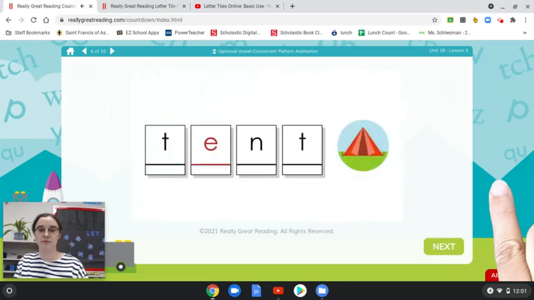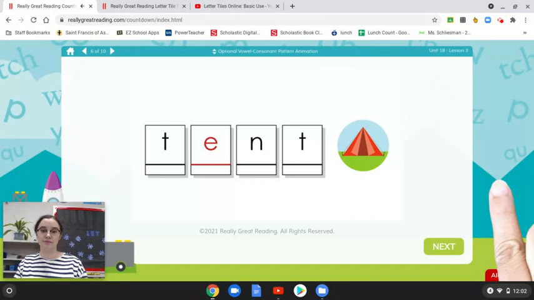Now let's look at another word. Do you see a vowel in this word? Yes, I see the vowel letter E. Does the E have a consonant letter after it? It does. There are two consonant letters after the letter E, N and T. Does this word have our pattern?